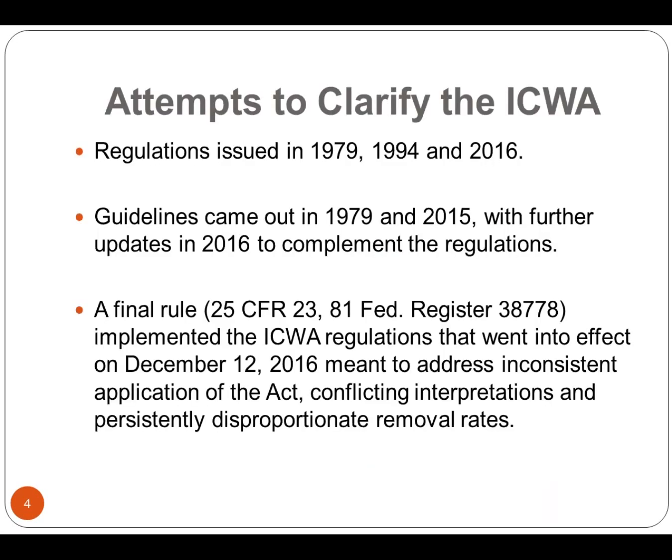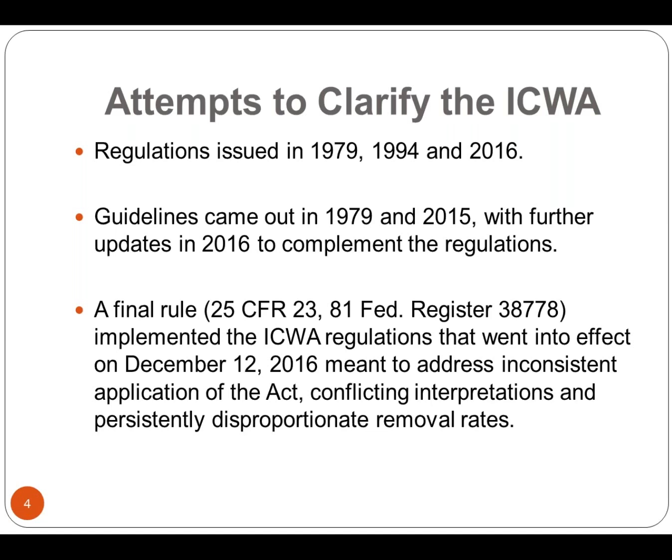The Indian Child Welfare Act has attempted to be clarified over the years. The federal government has issued regulations in 1979, 94, and 2016. Guidelines, which are different and non-binding, came out in 1979 and 2015, with further guidelines last year to complement the new regulations.